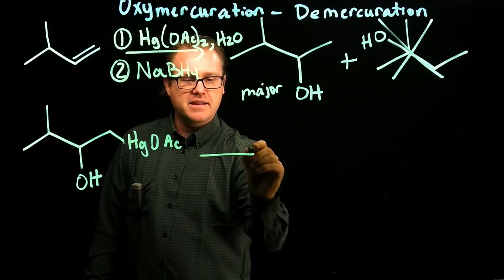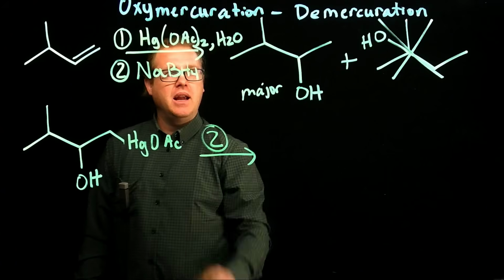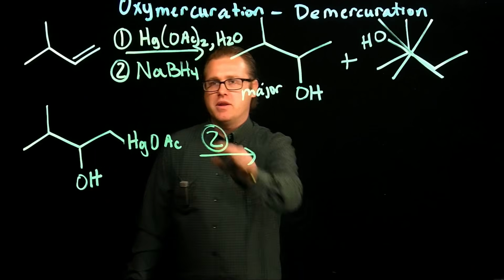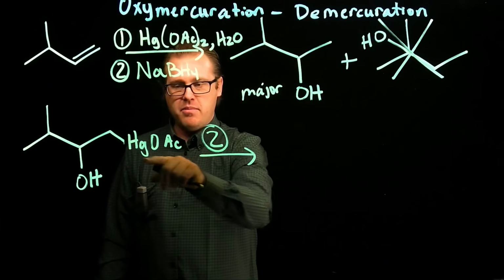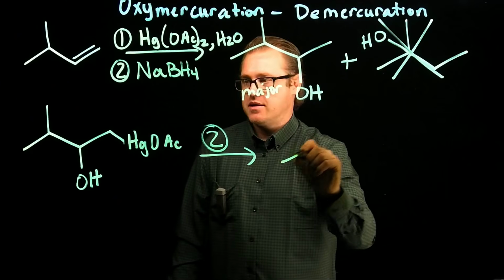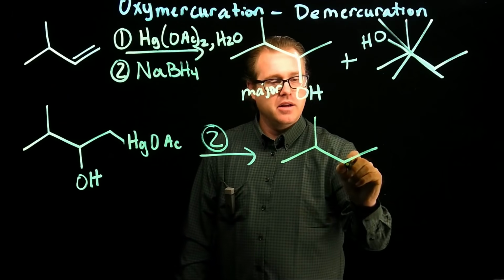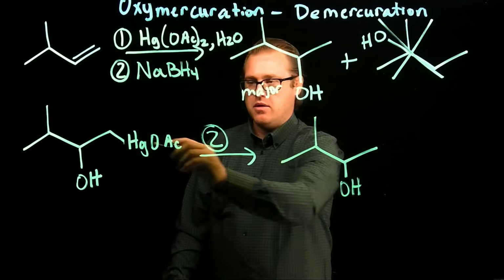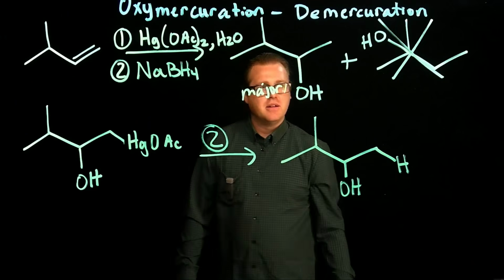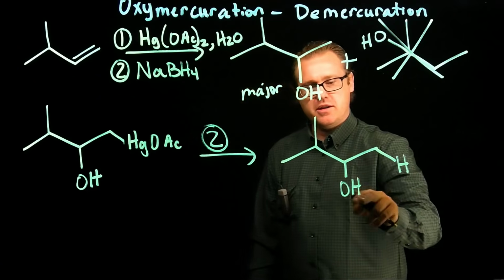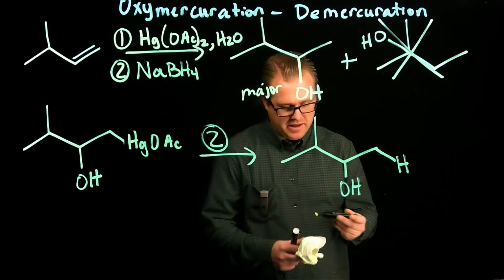And then the second step is the demercuration with the sodium borohydride, and that just chops off this metal piece. It chops off that metal, the mercury, and replaces it with the hydrogen right there to give us our product. So you can see this and this is the same thing.